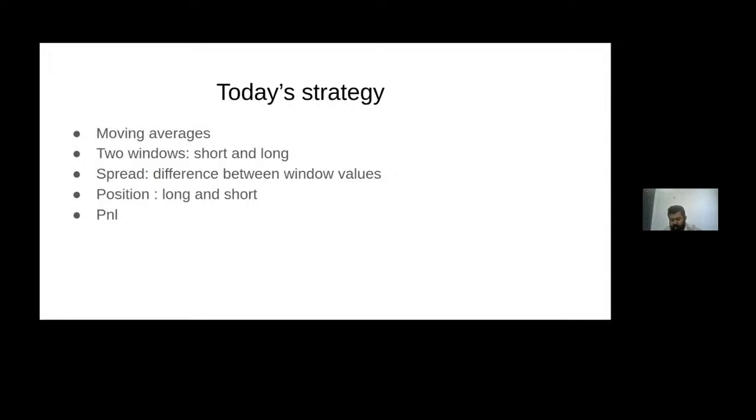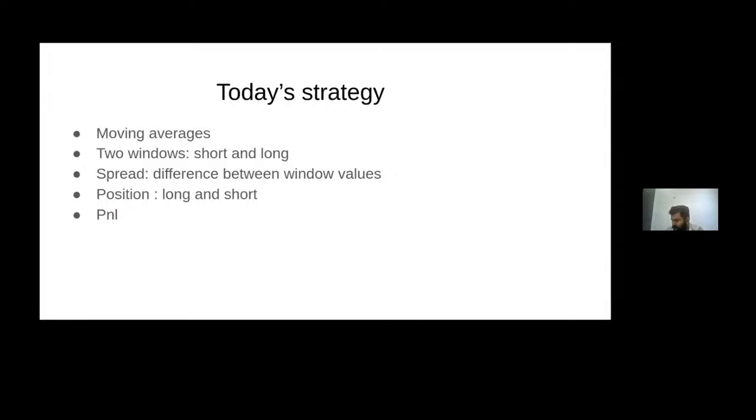My idea while demonstrating this strategy was not to show how much PNL it makes or whether it's profitable or not. My idea was to break down the development of a strategy into different segments: having some notion about how you can detect change in the price, how to write the function for it, how to backtest it, then how to use the backtested parameters for running it on trained data, then how to evaluate the strategy.